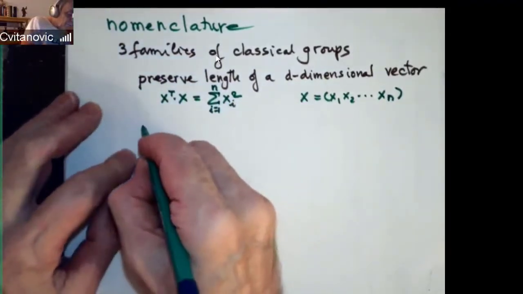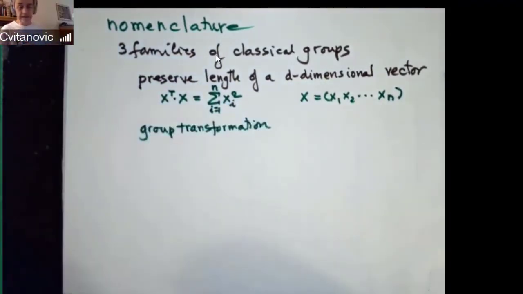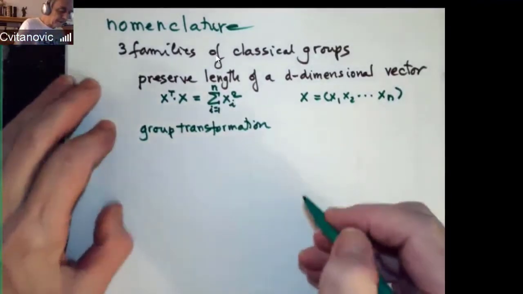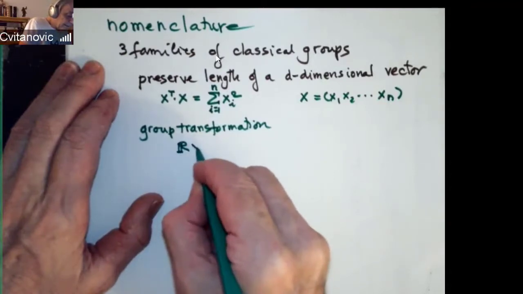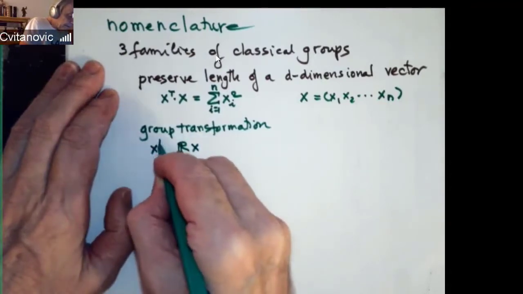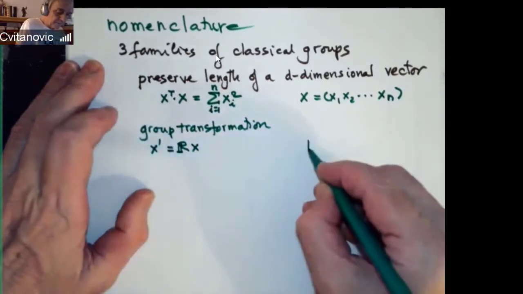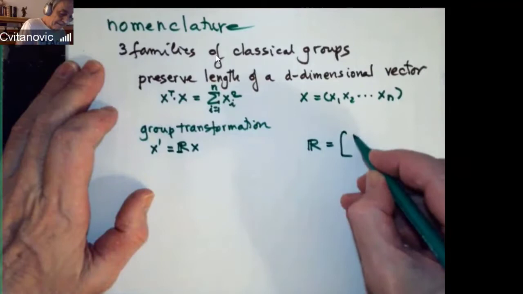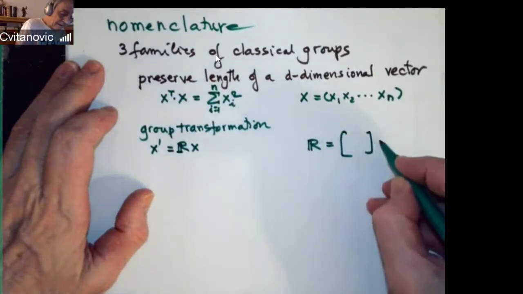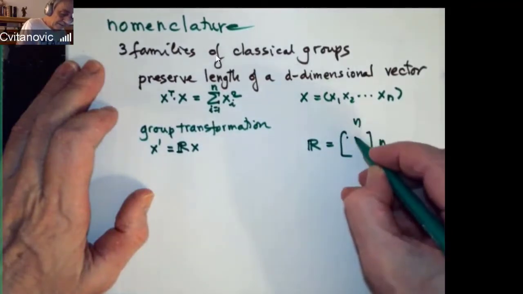Then a group transformation is, in this case, just a matrix multiplying the vector, let's say R X, and R is any real n times n matrix.